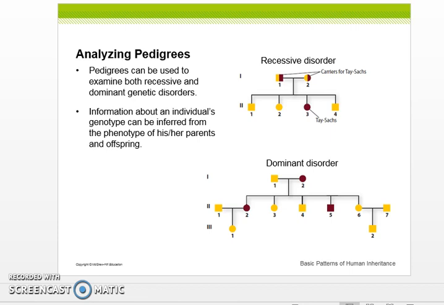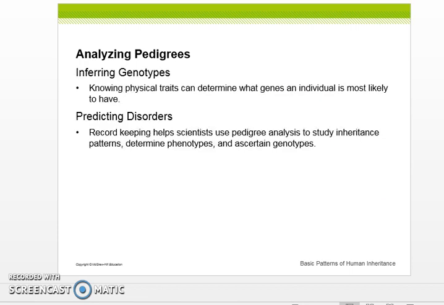Information about an individual's genotype can be inferred from the phenotype of his or her parents and offspring. So in analyzing pedigrees, inferring genotypes is knowing physical traits can determine what genes an individual is most likely to have. And predicting disorders is record keeping, which helps scientists use pedigree analysis to study inheritance patterns, determine phenotypes, and ascertain genotypes as well.